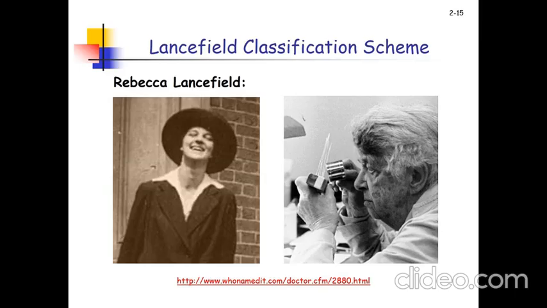So it's really interesting that we have this person who made such significant contributions. I won't expect you to know a lot about this. This is mostly FYI, but there's some interesting information if you look it up. I have a link here, whonamedit.com, where you can find some more information about the classification that she developed.